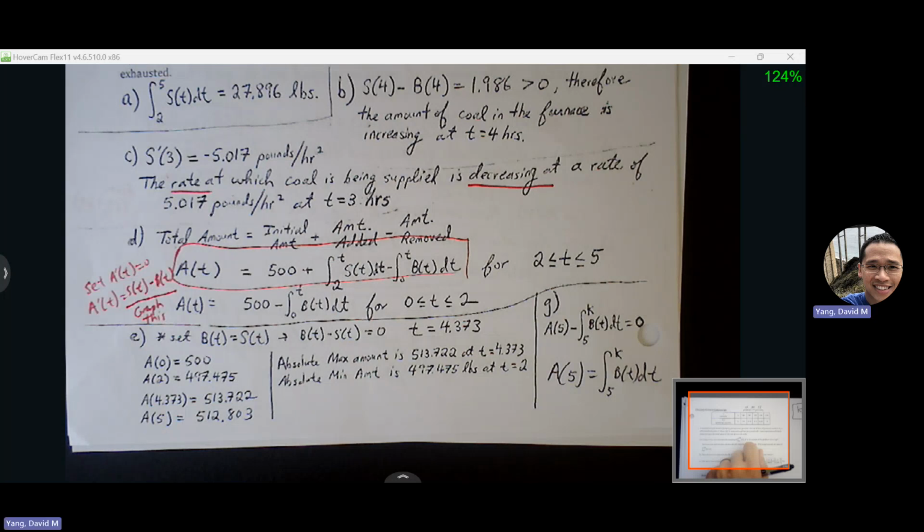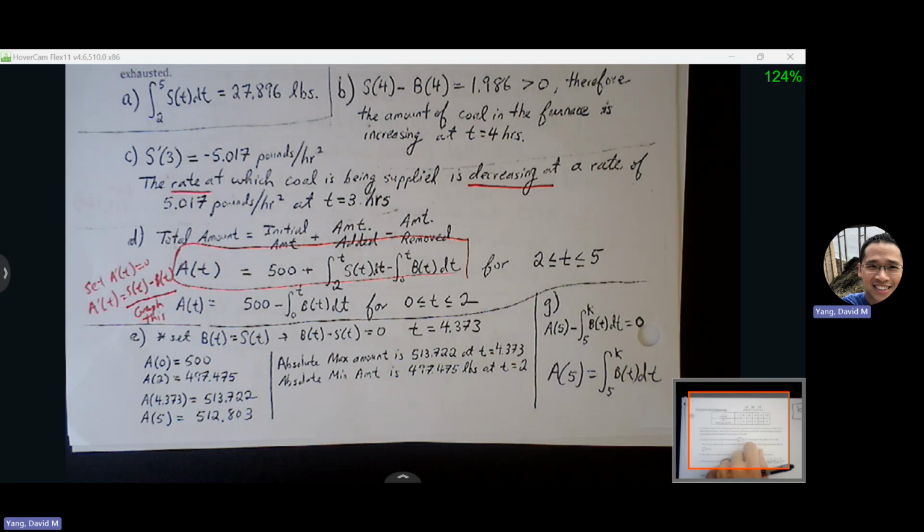We're setting A prime equal to 0, the rate at which the coal is changing, because S of t and B of t are kind of doing this, and we want to figure out where the max and min are. A prime is basically where A of t is going to experience either this or this, because that's where my max and min could be.